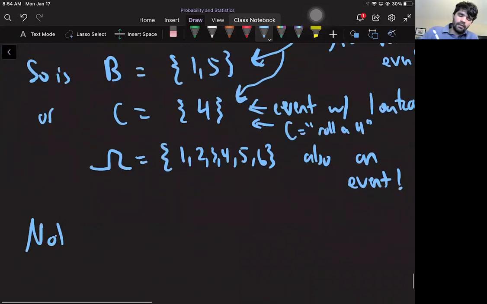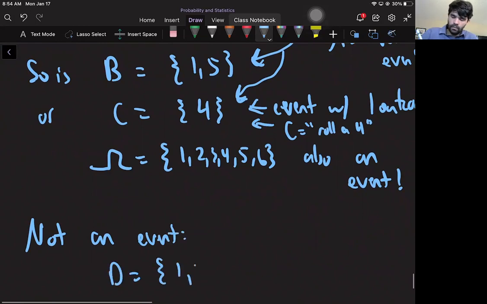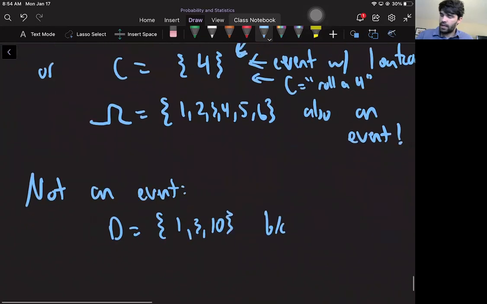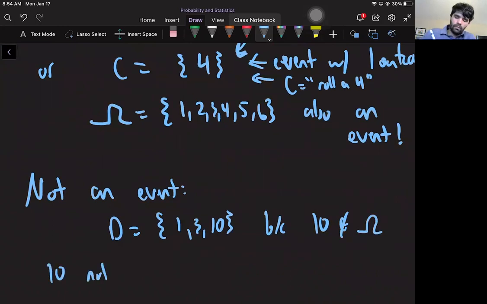What's not an event? Well, something like this is not an event because 10 did not come from the sample space. In other words, 10 is not an outcome of the experiment.